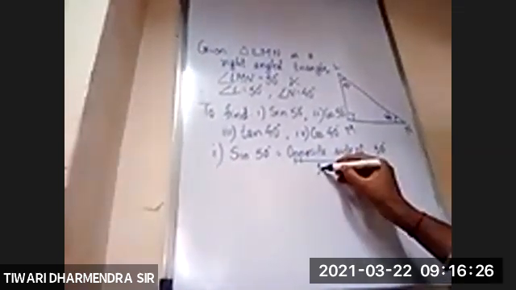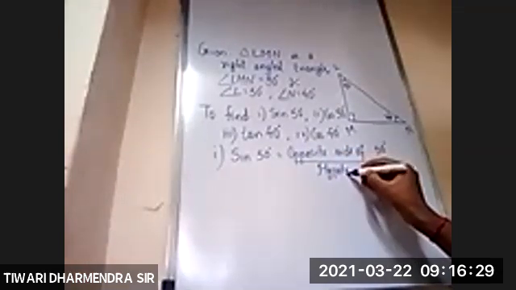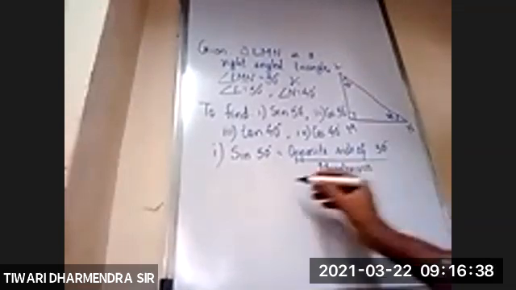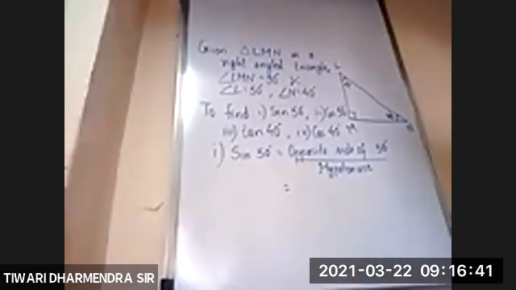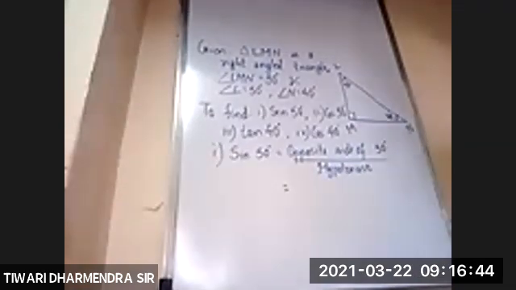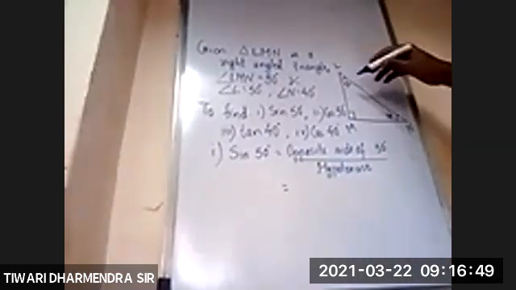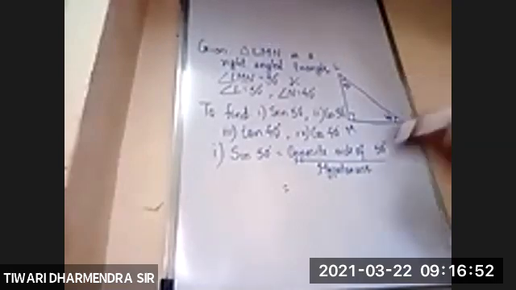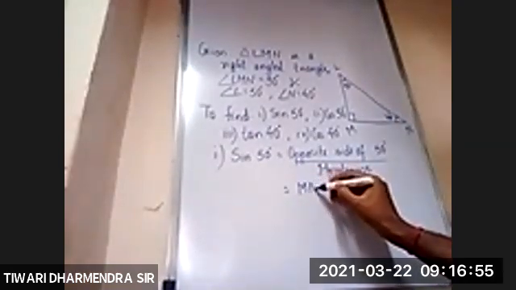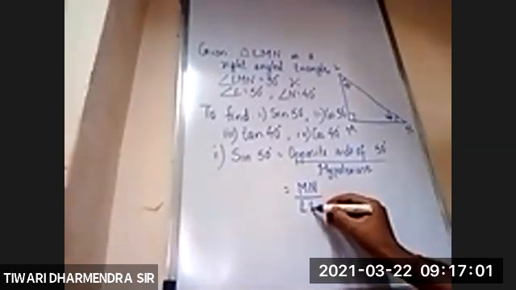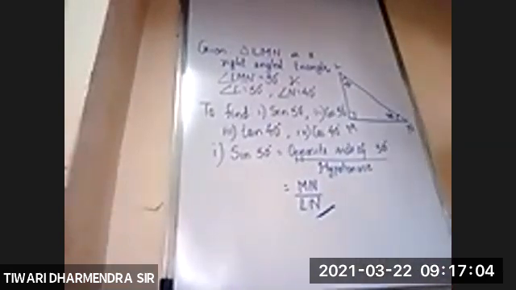Hypotenuse is not a measure of angle, so we'll be writing only 50 degree, no problem. Now, the opposite side of 50 degree is MN. The side in front of 50 degree is MN divided by hypotenuse, which is LN. This is your answer for sine 50 degree.